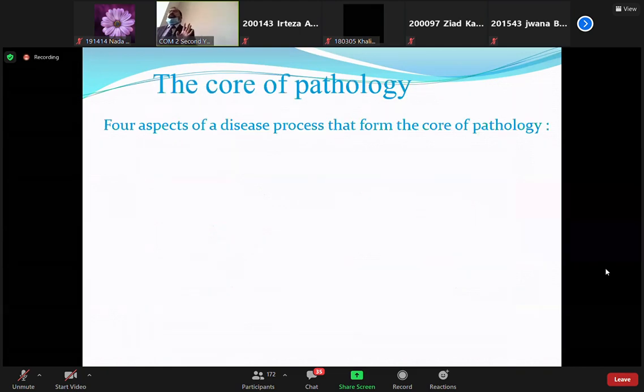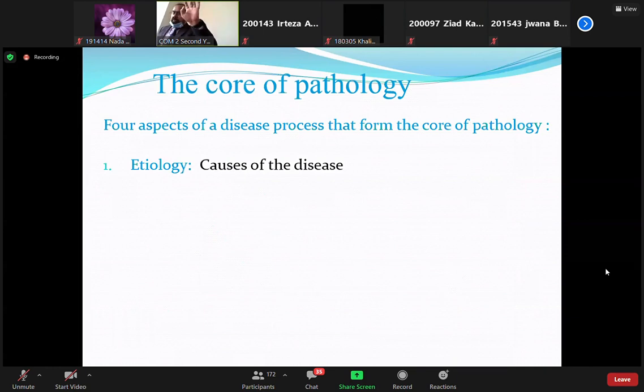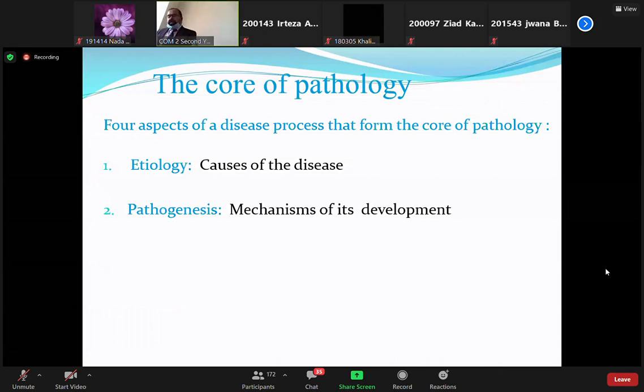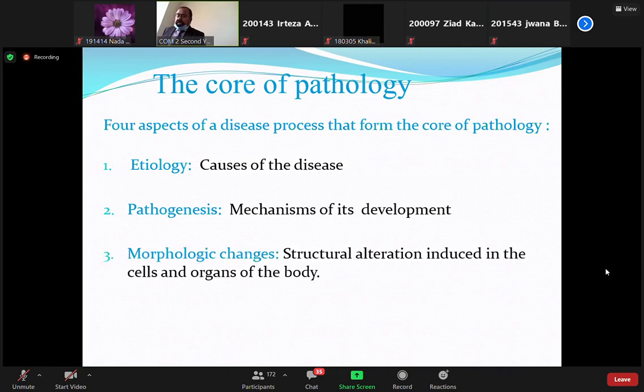In pathology, basically, we look at four things. In Robbins pathology, we start with four important things. One is etiology, the cause of the disease. Which element is causing that disease? Number two, pathogenesis. What is the mechanism when the etiology enters the body? What changes does it make which cause that problem? Number three is morphology.